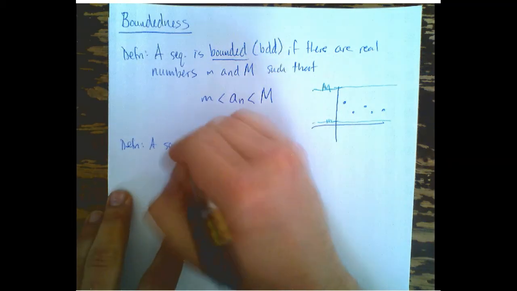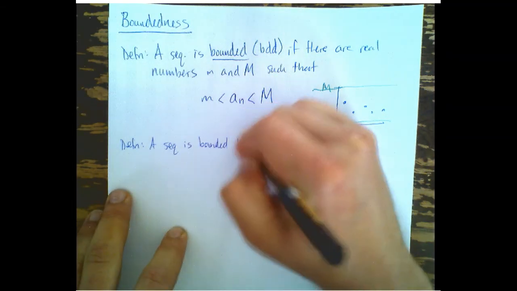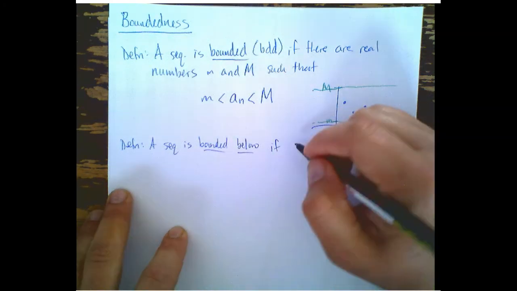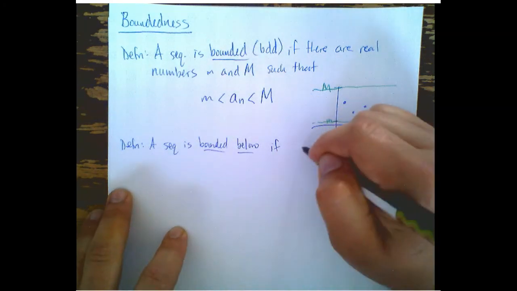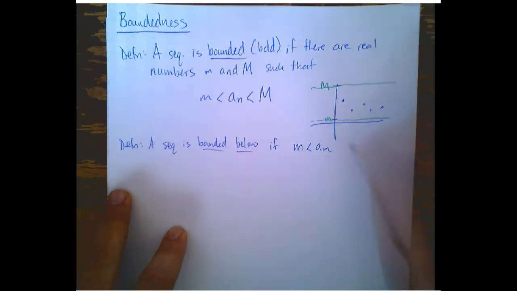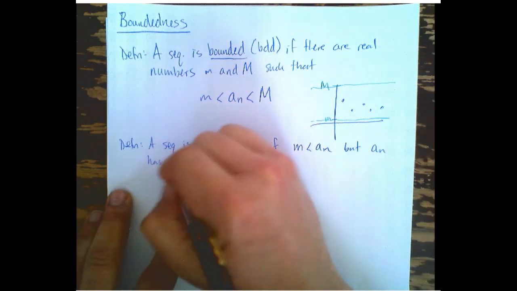A sequence is bounded below if all the values are larger than some number, but a sub n has no upper bound.